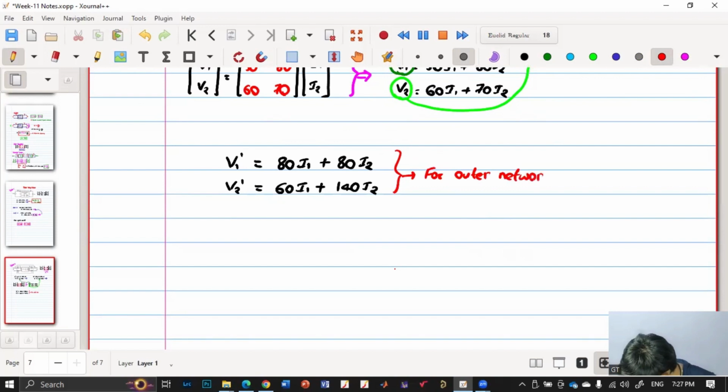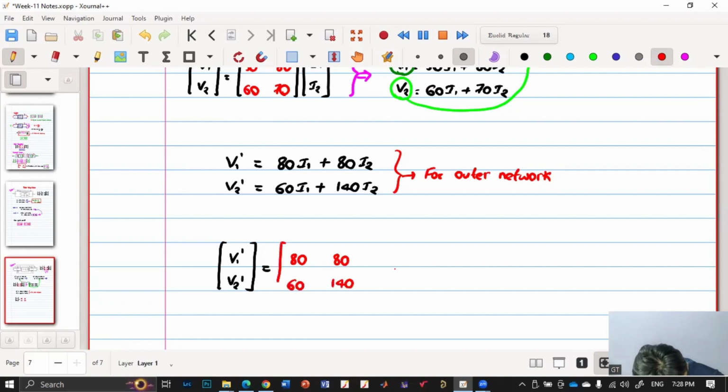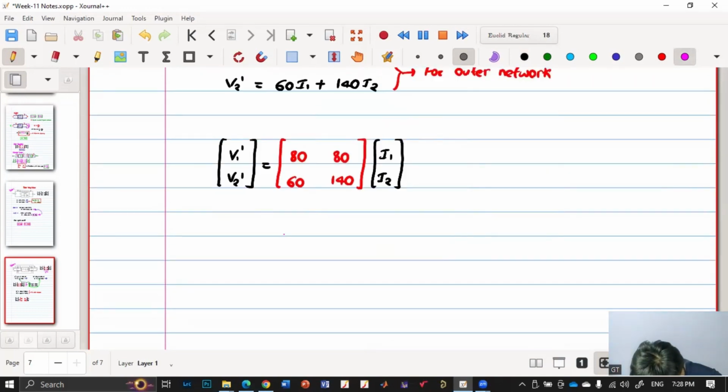Now if we write this in terms of Z parameters, we will get V1 dash, V2 dash equals the matrix 80, 80, 60, 140 times I1, I2, and this is Z outer.